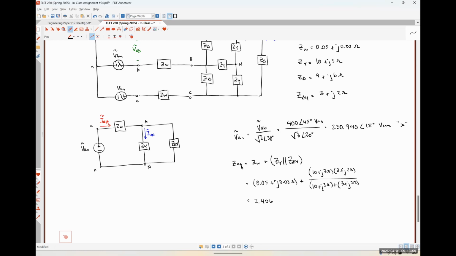So let's call that 2.406 plus j1.345 ohms. And I'm going to store this in my calculator as Y. Before we move on from here, did anybody else get a similar result for the equivalent impedance? For what it's worth, in polar form, that's 2.756 angle 29.205, depending on what your calculator's set for.